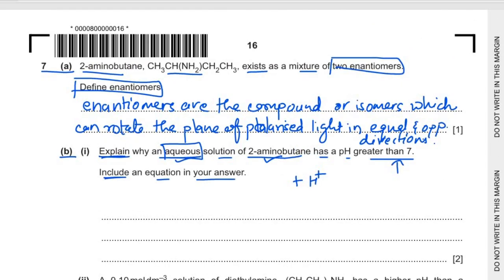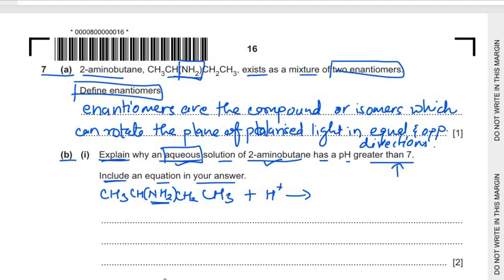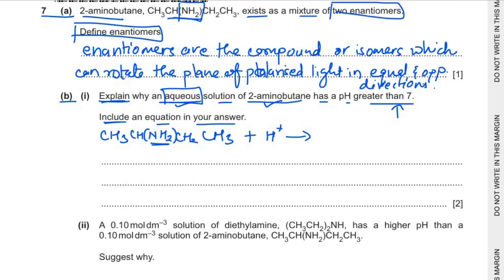Now we know that 2-aminobutane has an amine group which can accept H+. If we write an equation where it accepts an H+, here we know it is NH2, CH2 and CH3. Now the amine part is going to accept the H+ because that makes it basic.